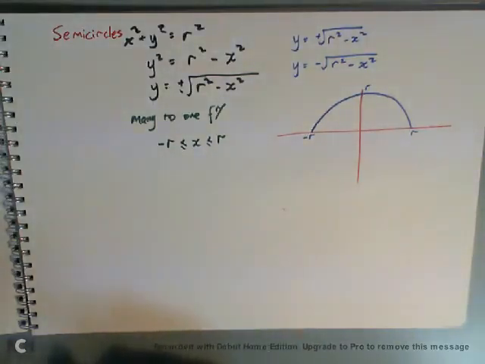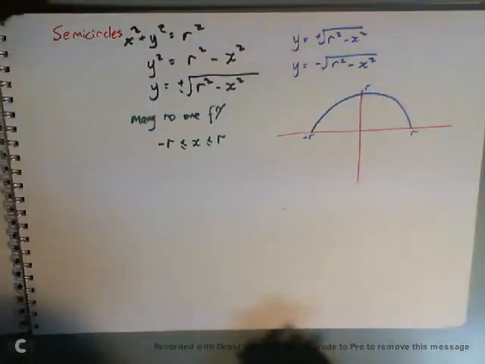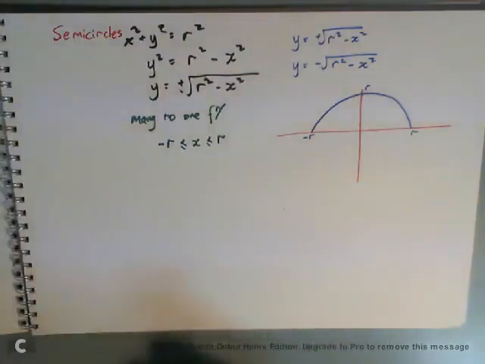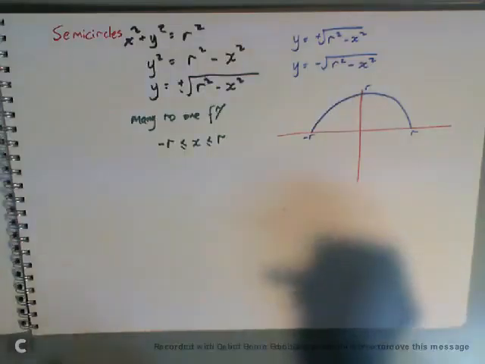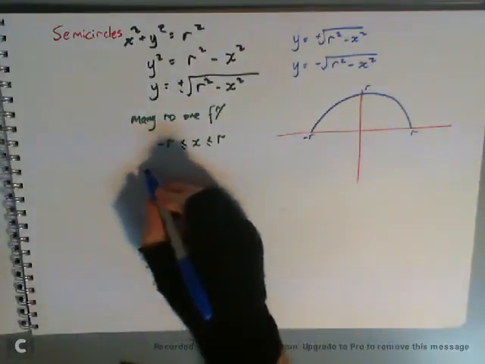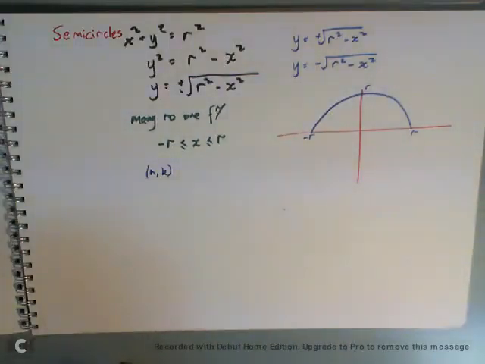Circle with center h, k and radius r. As I said, we can rearrange that to get, okay, so we've got a circle with center h, k, radius r, rearranging its equation.